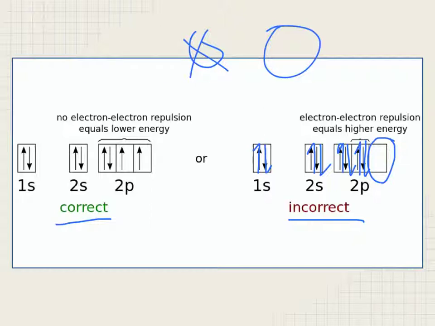So if we look at the correct version, we see our 1s orbital being filled properly, our 2s orbital, and the correct way of filling our 2p orbitals would be our 2px, 2py, 2pz, and we've got 1 electron left, so it has to fill that 2px, and it'll be a down spin electron. So we have Hund's rule, we have the Pauli exclusion principle, and we have the Aufbau principle that helps us generate electron configurations.